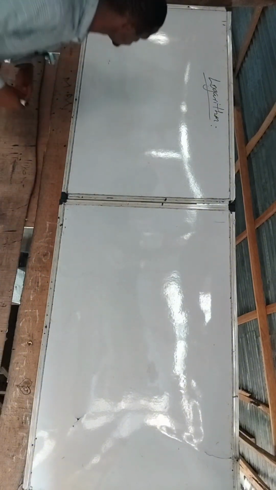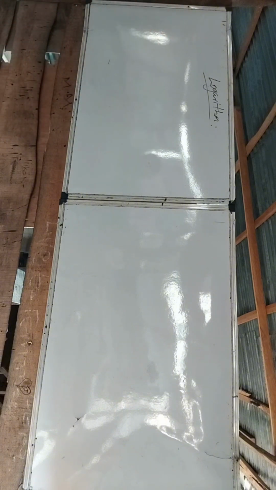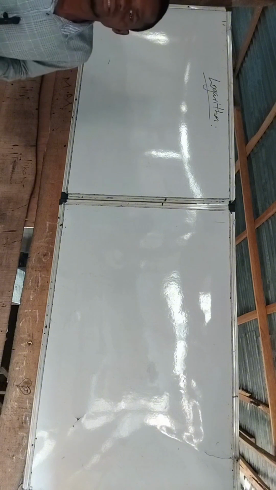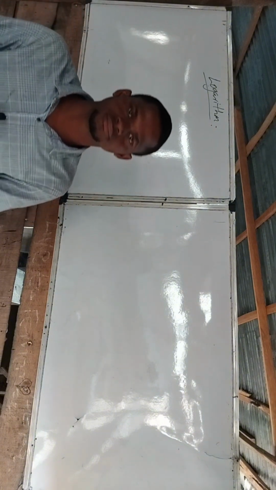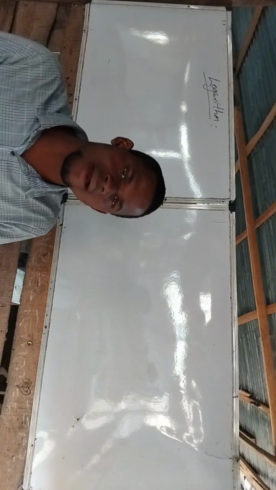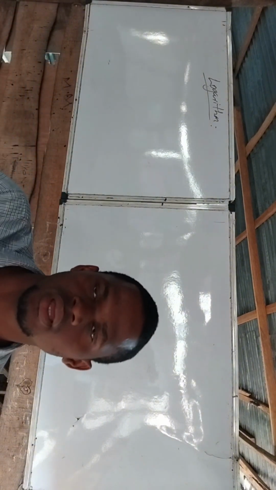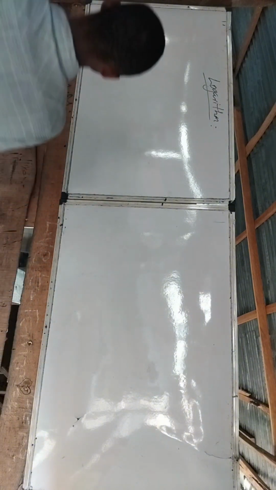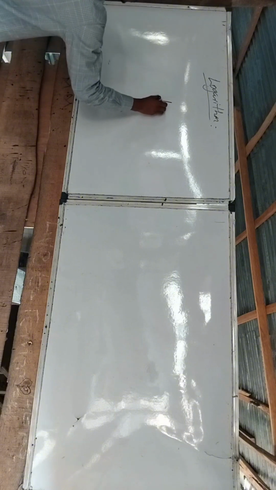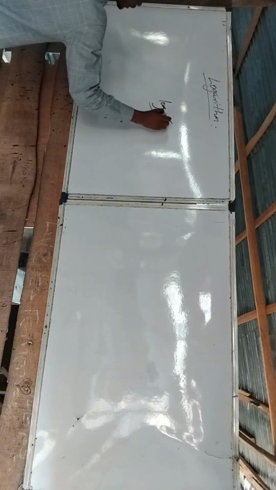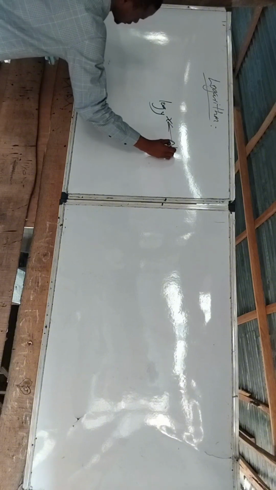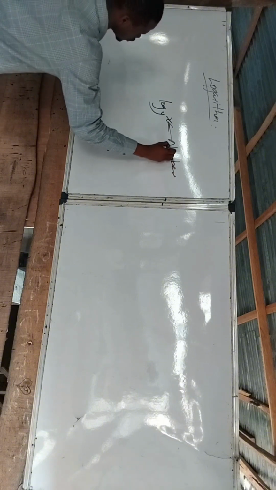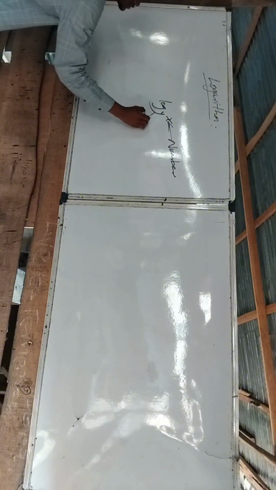Today, we are going to be treating logarithm. What is logarithm? The logarithm of a number tells us how many times the base number has to be multiplied in order to get the number. If you have something like log s base y, this s is the number, while this y is the base.